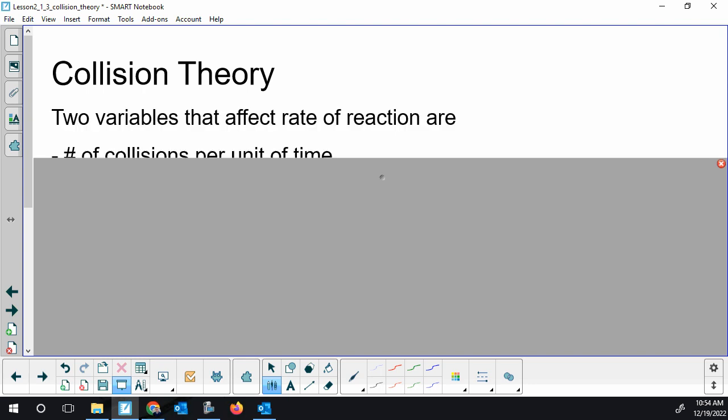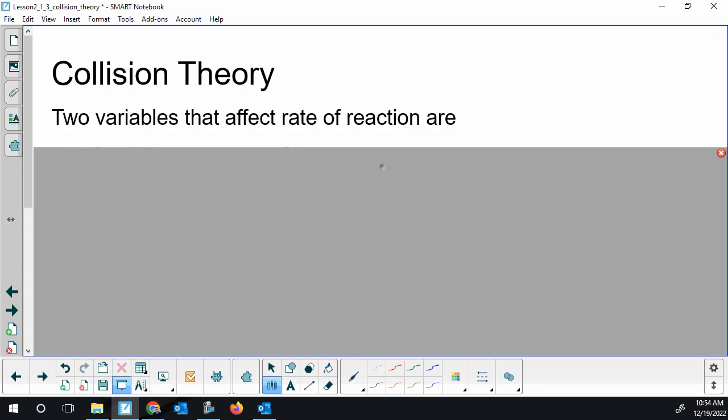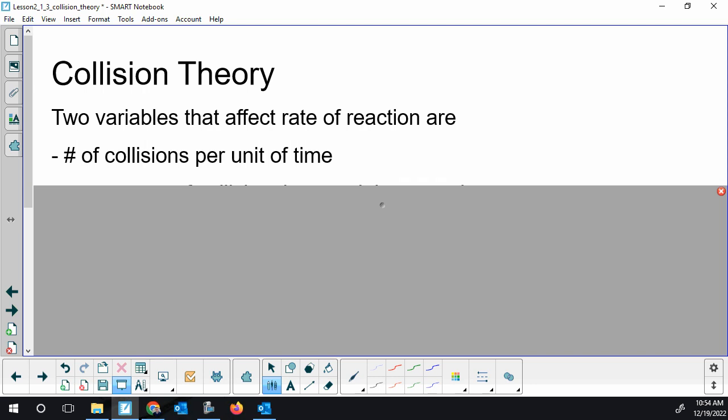So we have a couple key variables that are going to affect the rate of reaction. First of two I want to highlight is the number of collisions. Okay? This is why that concentration term has such a big effect on the rate of reaction. If you have a higher concentration, you're going to have more collisions per unit time.